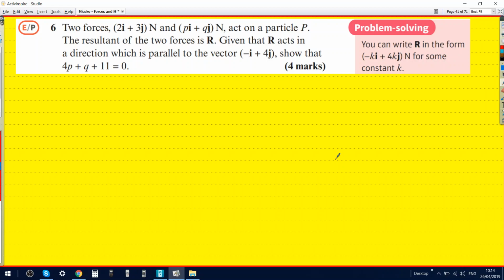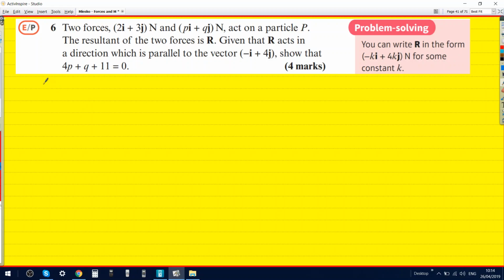Do we add the forces together so that it equals R?